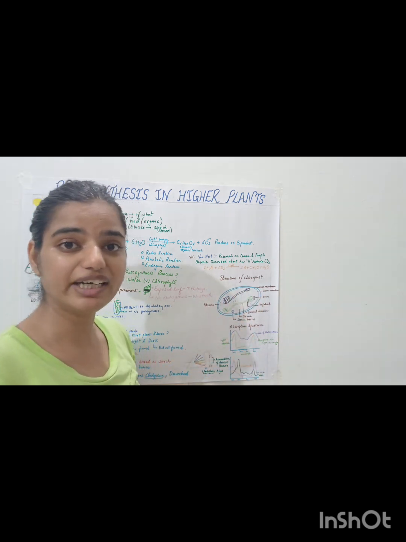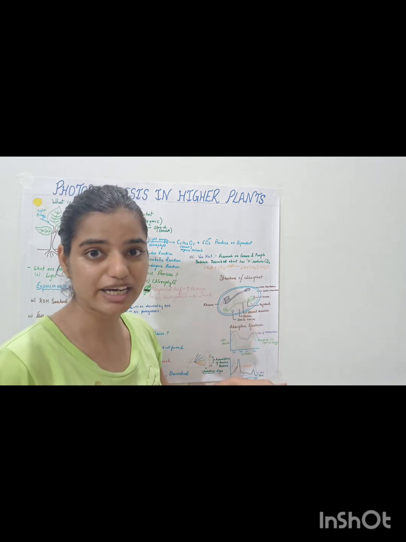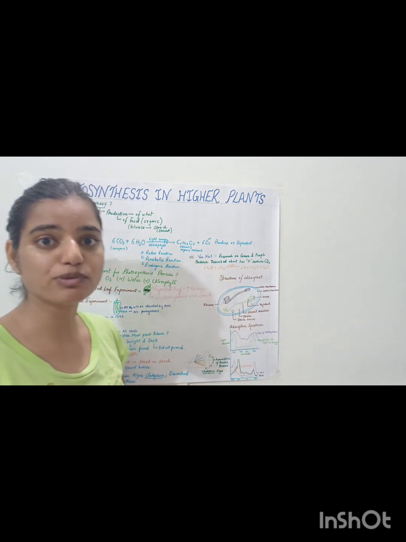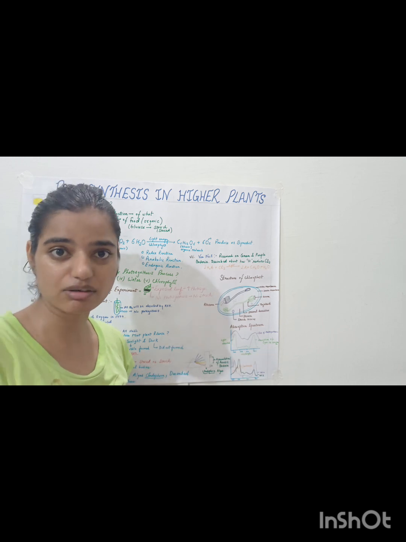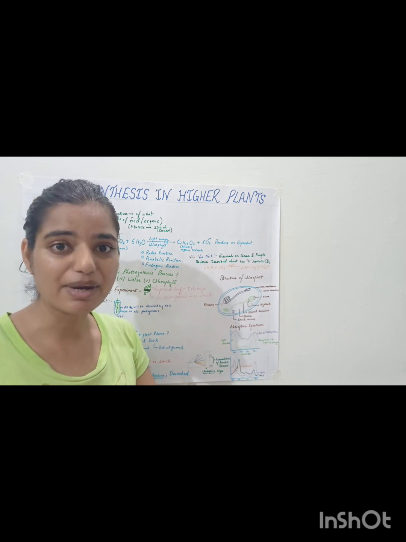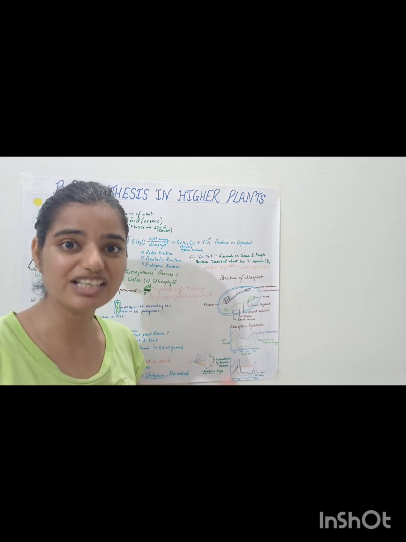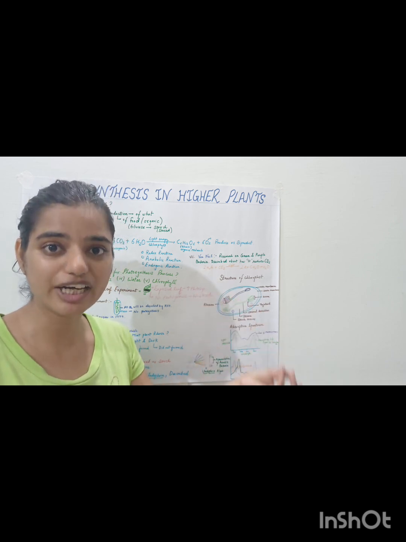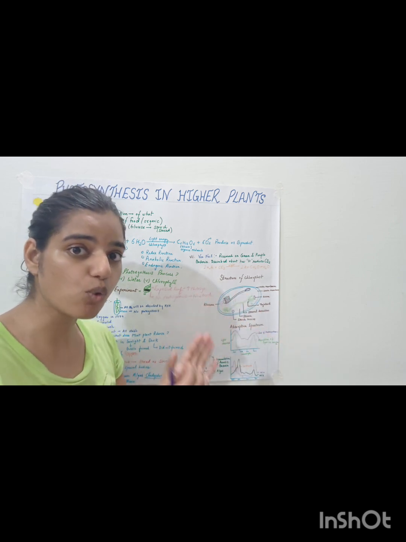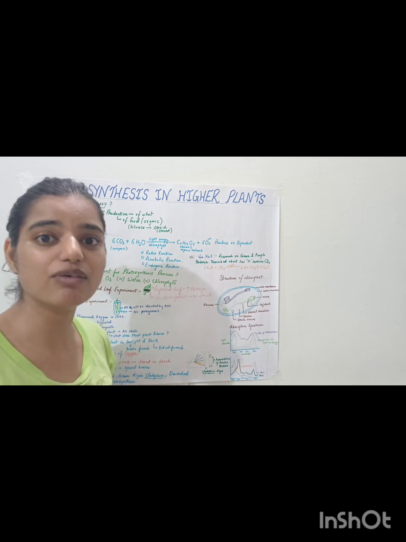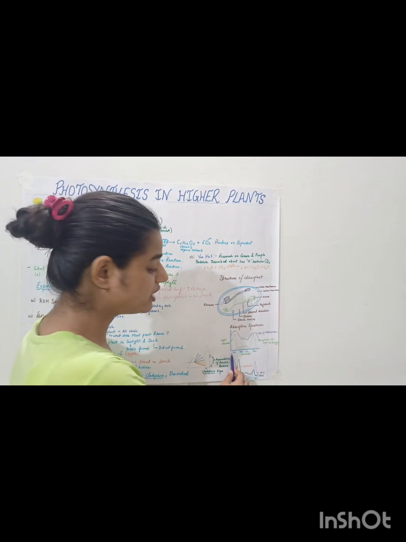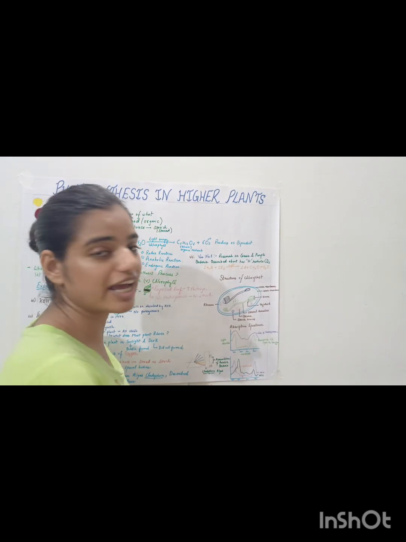Now we will read about the absorption spectrum. What is an absorption spectrum? As we all know, the electromagnetic spectrum has gamma rays, X-rays, UV rays, visible, microwave, radio waves. In that spectrum, only the PAR region, that is the photosynthetically active region, which is the visible region of 400 to 700 nanometer range.